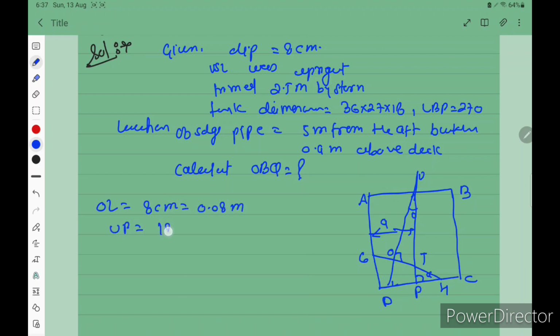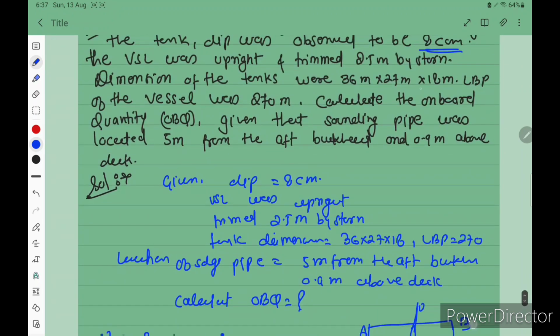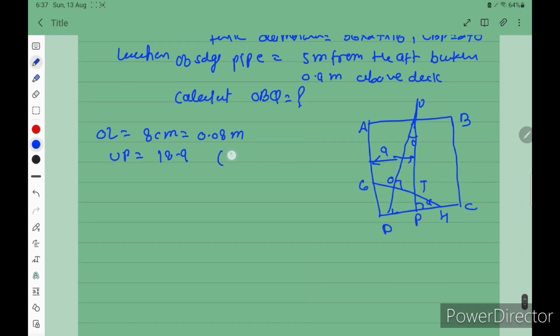UP is 18.9. 18 meters height plus we have the 0.9 meter above the deck. So 18 plus 0.9 becomes 18.9. Trim is given 2.5. A is given 5 meter, this A, from the aft bulkhead.